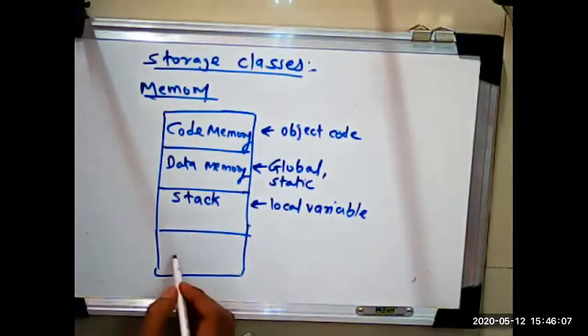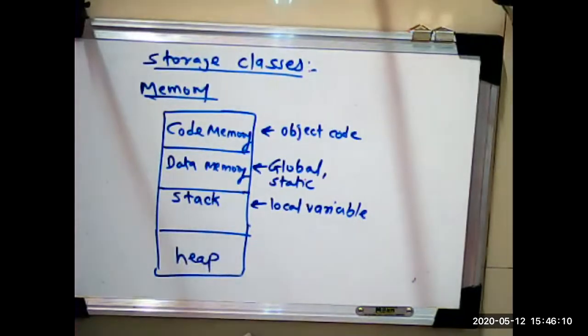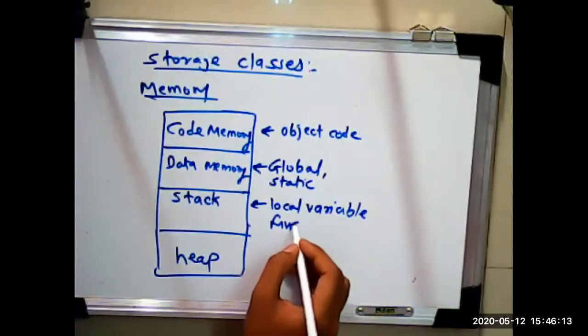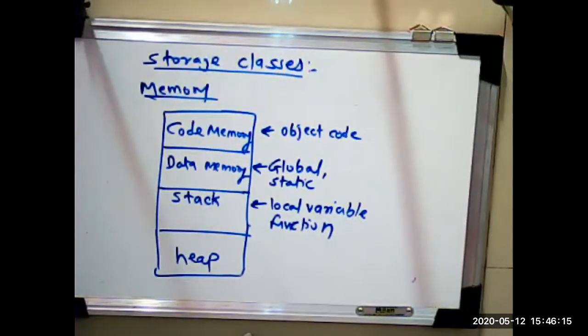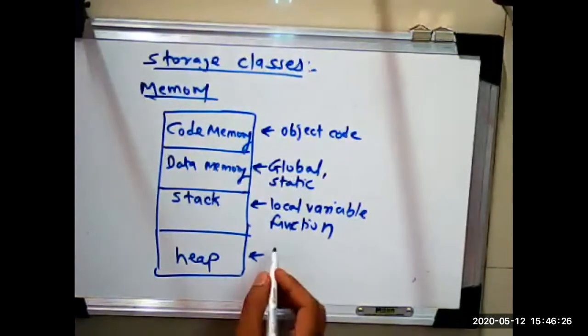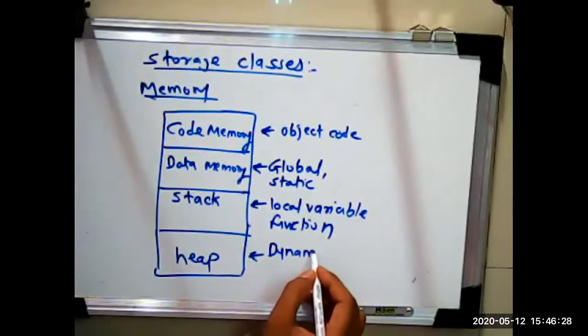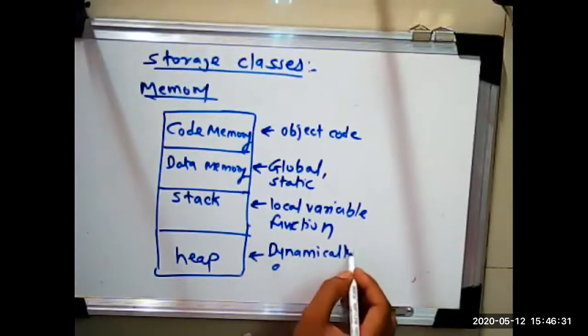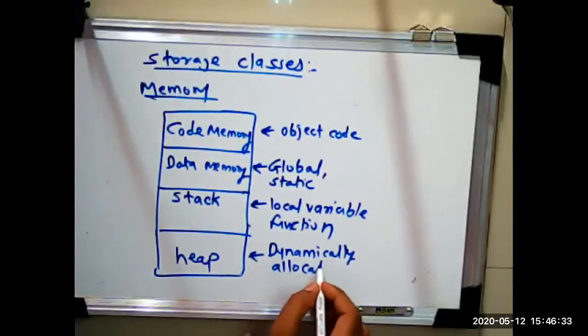Now the next type of memory is the heap memory. What is the use of the heap memory? We will not take it today, but afterwards. Heap memory is generally used for dynamic allocation. Dynamic allocation means that while running your program, suddenly you require some amount of memory.